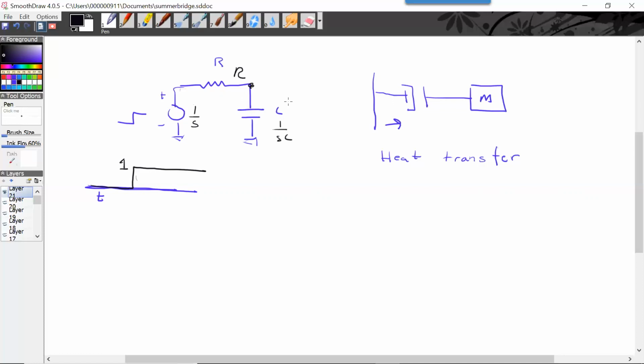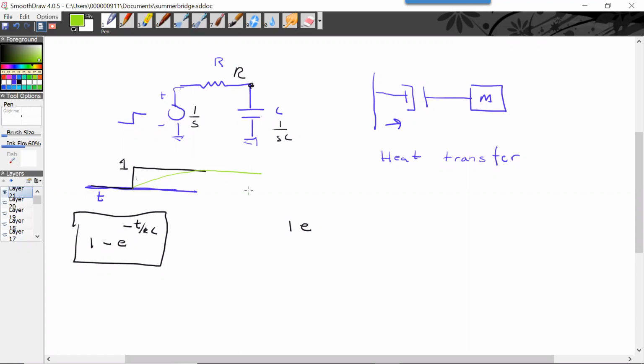Then you manipulate that in the Laplace transform, and you get an equation, and when you come back to the time domain, that output becomes like that. All right. But that's a lot of what EE98 will go into in more detail.